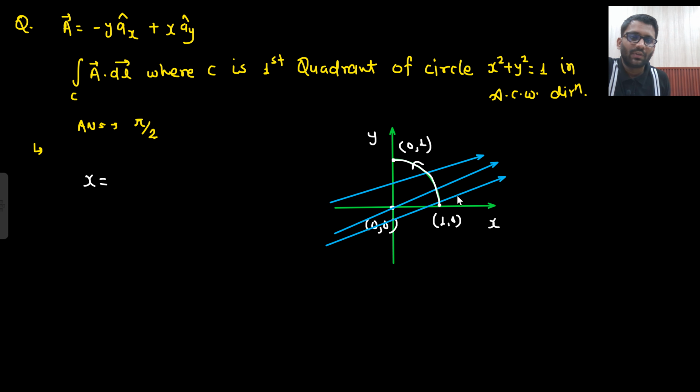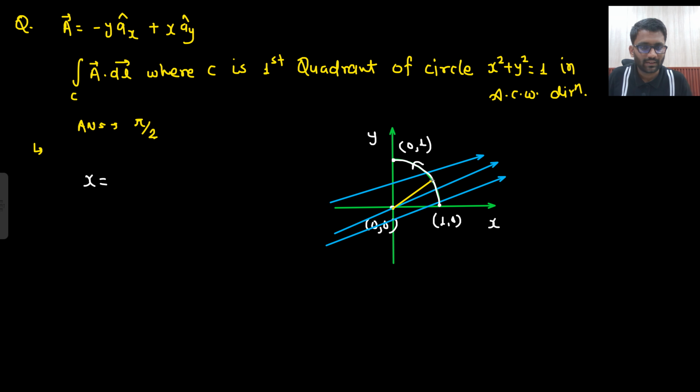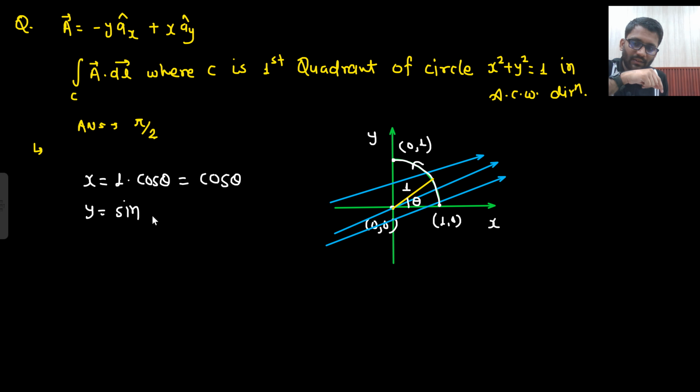So what am I going to find? X equals to. So what will I do first? I will take the angle made with the x axis. What is that? Theta. I am taking the angle made with the x axis, that is theta. So what will be my x? This length is 1, because the radius is 1. So x will be 1 cos theta, which I can write as cos theta only, and y will be sin theta.